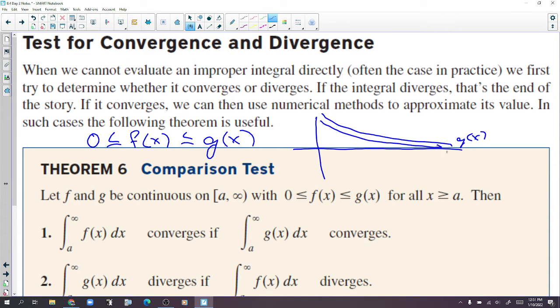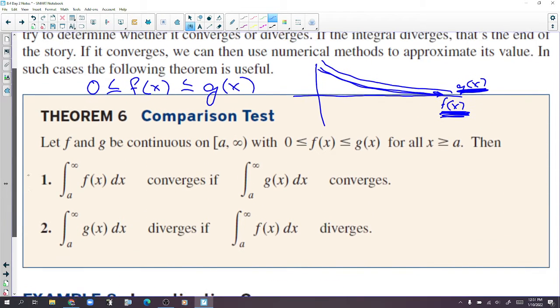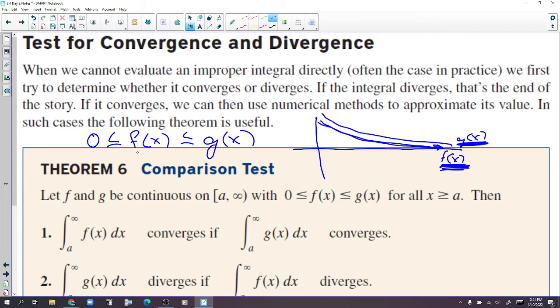Well, if g of x is decreasing fast enough and f of x is always below, then f of x must be converging as well. We can also say if f of x diverges, in other words, f of x is not decreasing fast enough, and g of x is always above, then g of x must diverge as well.